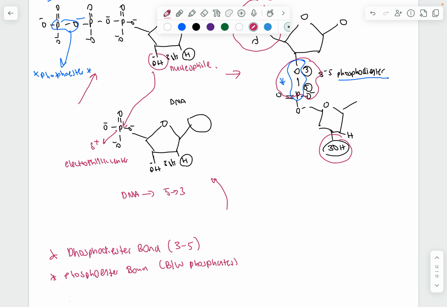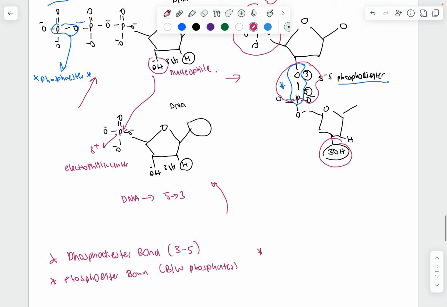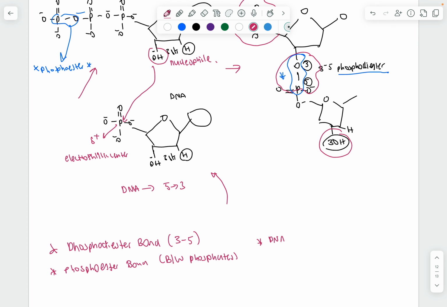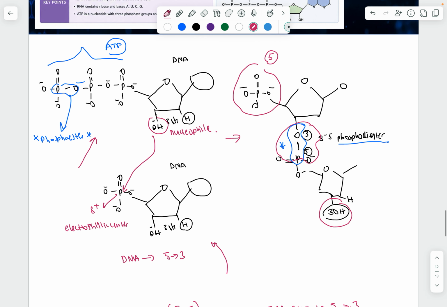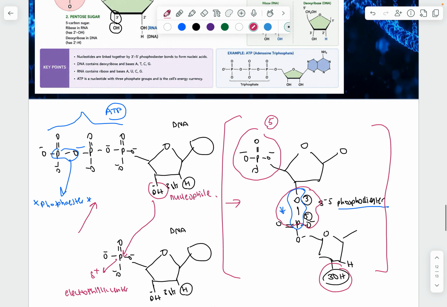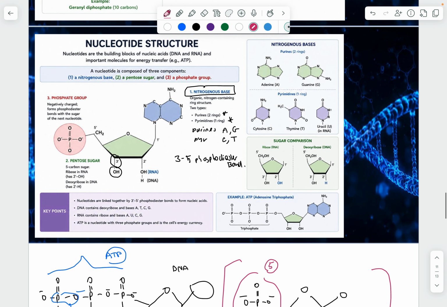And then your third is that DNA reads in the 5 to 3. That's because as you keep adding nucleotides, it's going to look like this, which is a pretty ugly picture. But that's just the basis of how it works.